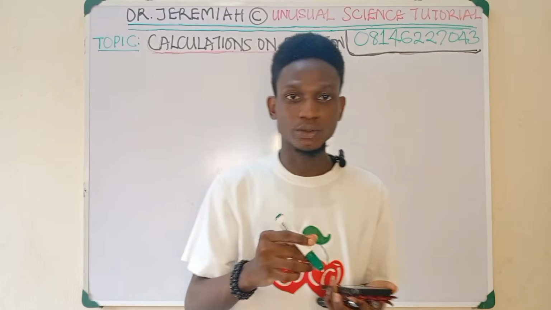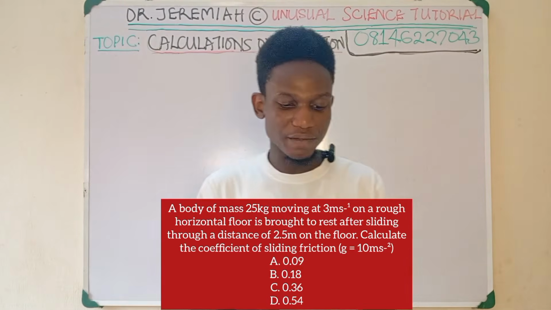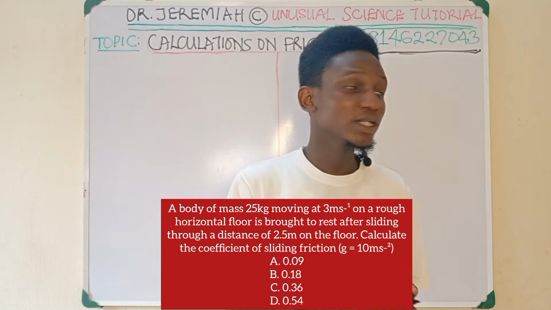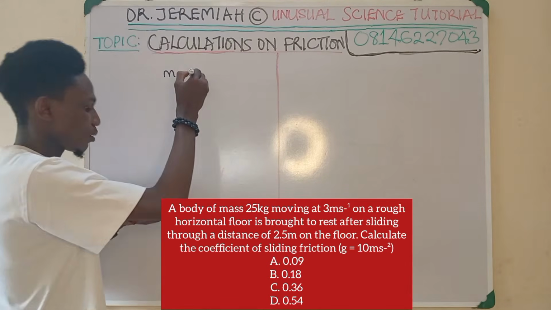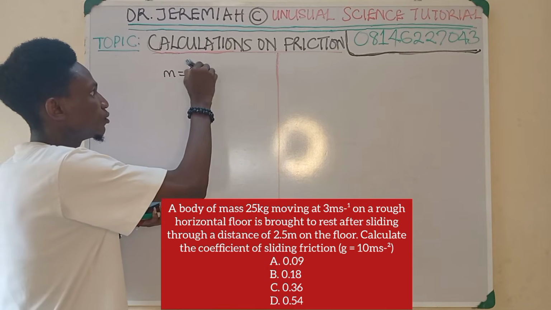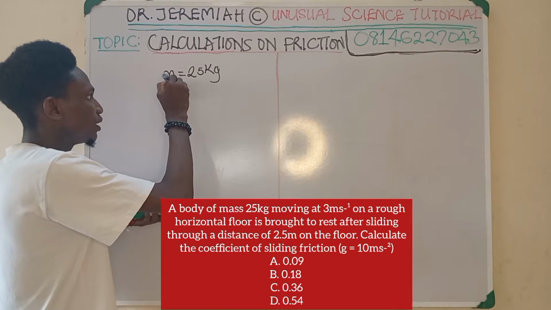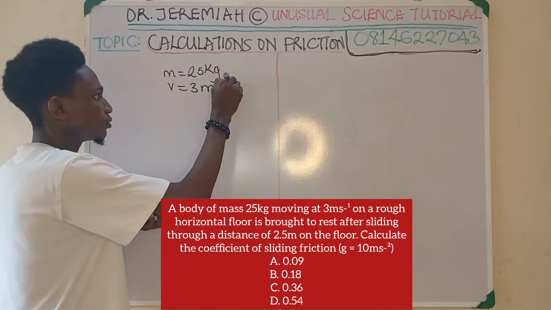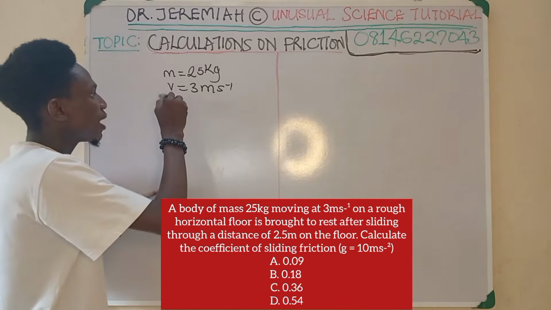So let's use this question. I think it's showing on your screen. There's a body of mass 25 kg moving at 3 meters per second. Let me quickly write it out. Body of mass 25 kg. I hope you have gotten your notes already. Moving at speed 3 meters per second on a rough horizontal floor is brought to rest after sliding.